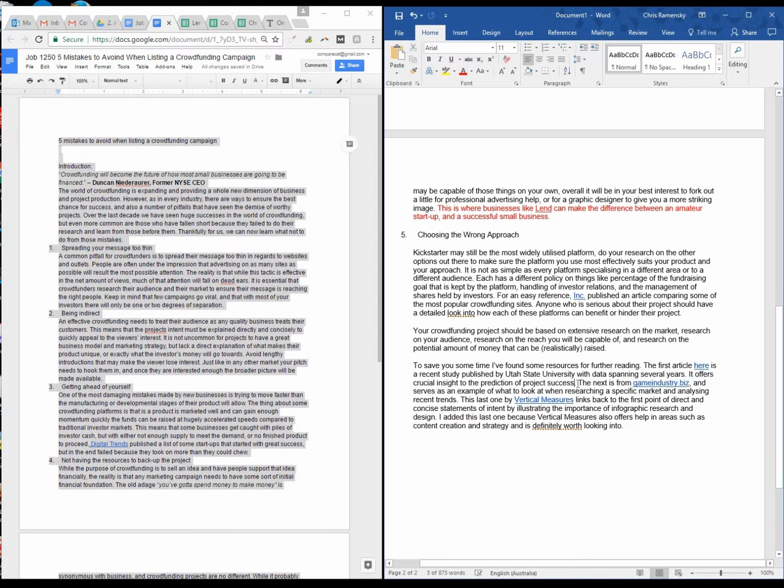Let's just make it a bit more succinct. The next is, and serves an example of what to look at when researching a specific market. Again, let's just condense it a bit here. And this one, by Vertical Measures, links back to the first point of direct and concise statement of intent.